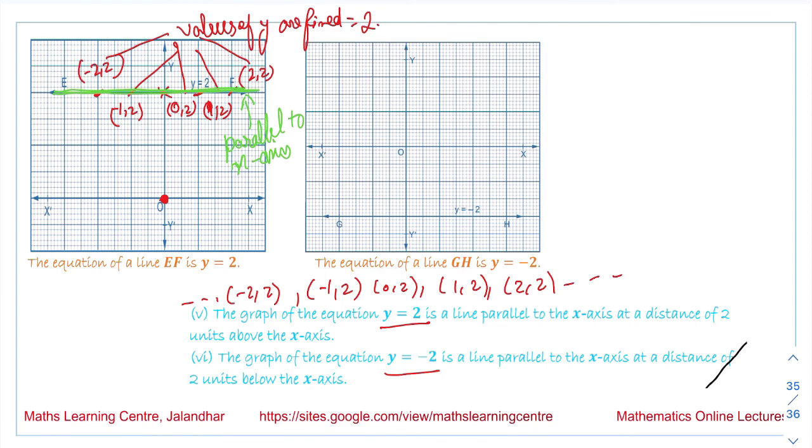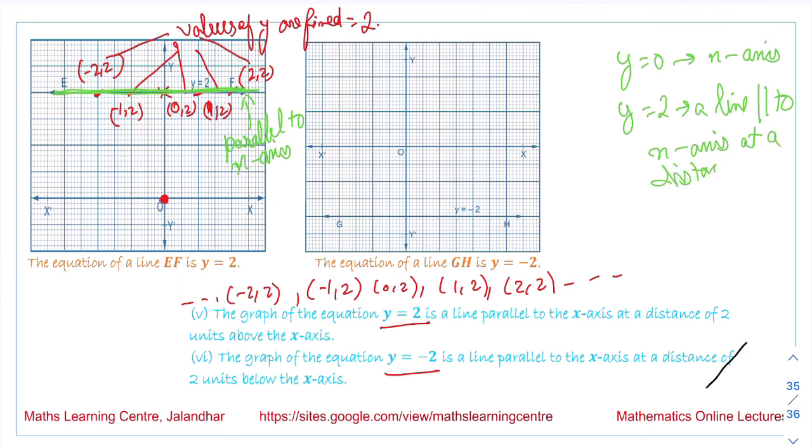What we say is that when we are talking about y is equal to 0, it represents the x-axis. y is equal to 2 represents a line parallel to the x-axis at a distance of 2 units above the x-axis.